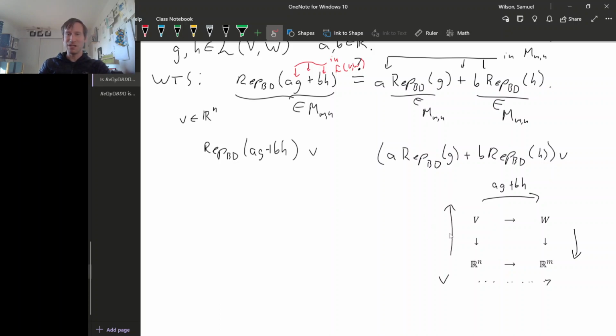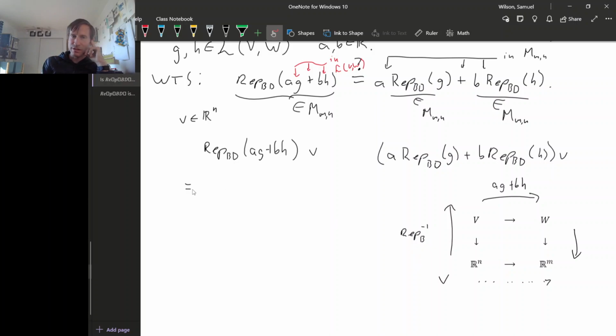How do we get up here? What map takes us from Rn to V? Well, remember, the left-hand side here is the representation map for V. So to get from Rn to V, we do rep B inverse, right?